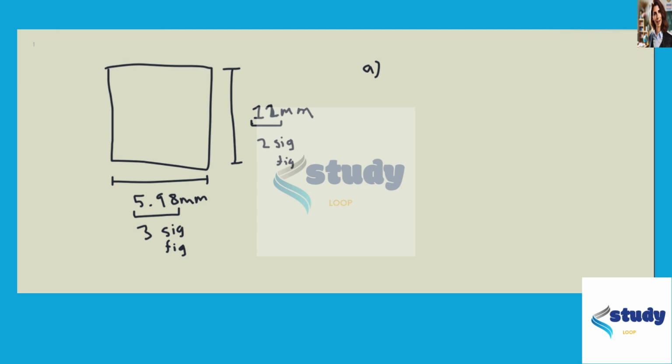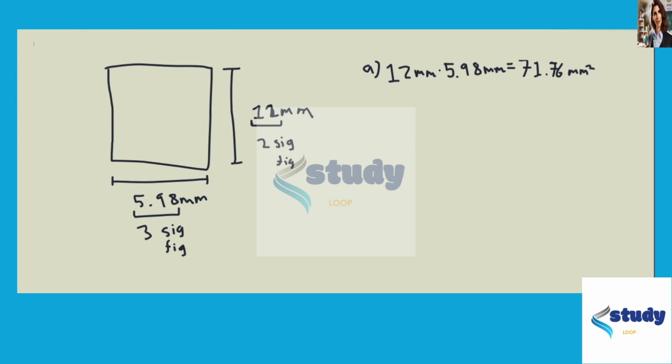Okay, and so for the area of the rectangle, we're multiplying both of these quantities: 12 millimeters times 5.98 millimeters. This quantity gives us 71.76 millimeters squared.